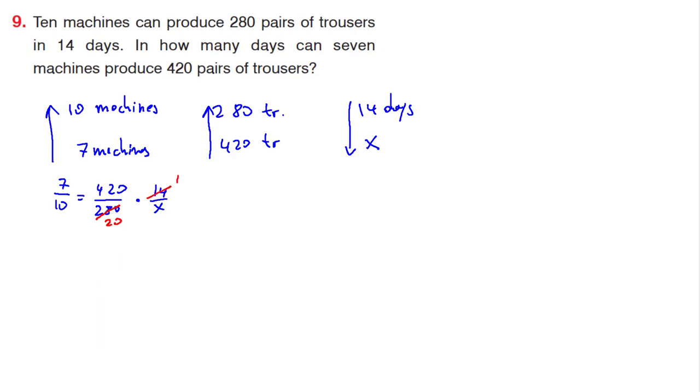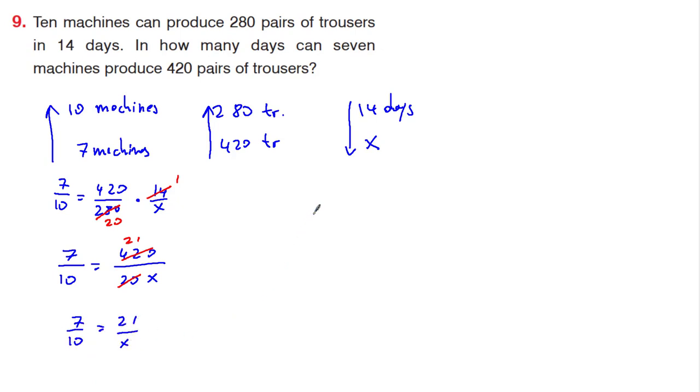Great, let's simplify a bit more. So what do you have? You have 7 over 10 is 420 over 20x. We can simplify by 20 as well. So this would be 21. So now we get 7 over 10 is 21 over x.